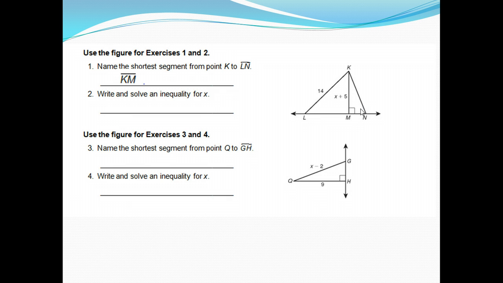We know that KM is less than LK, or KL. So we would say 14 is greater than x plus 5. Then you would subtract the 5 from both sides, and you get x is less than 9.